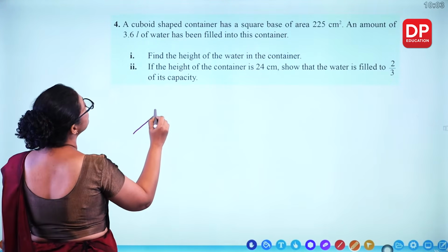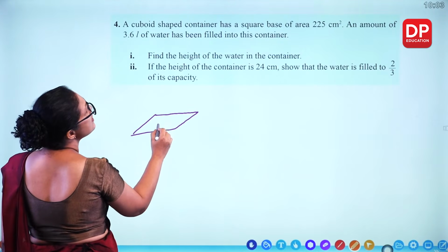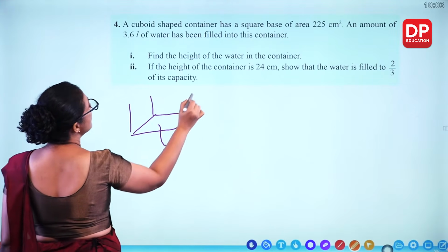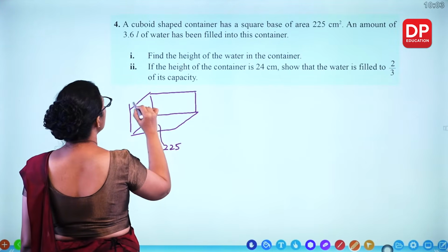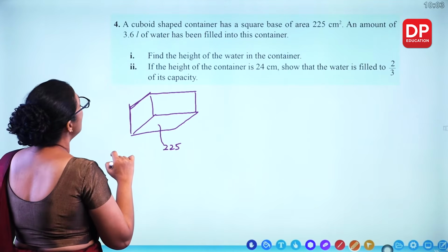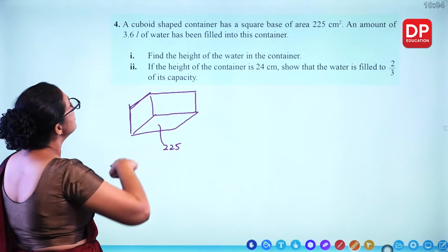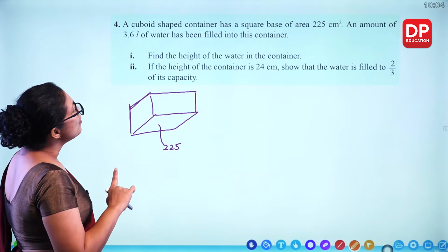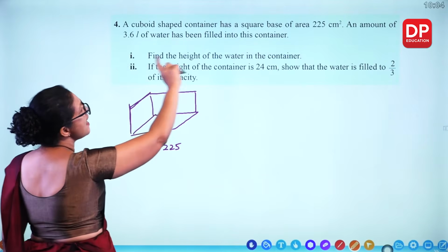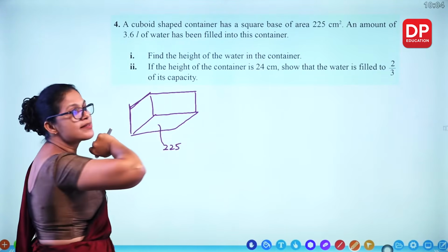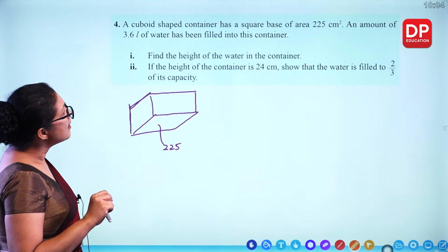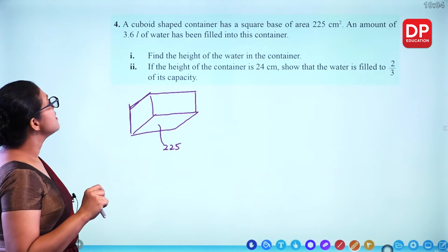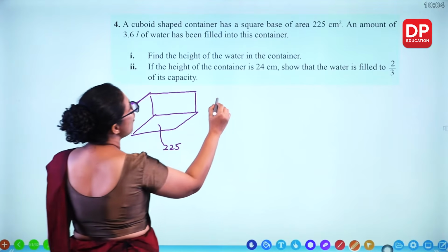So base area is 225 and the height we need to find out, but the water volume is 3.6 liters. Now look at, this is in liters and this is in square centimeters. First we'll convert this to cubic centimeters. So what's the volume of cuboid?